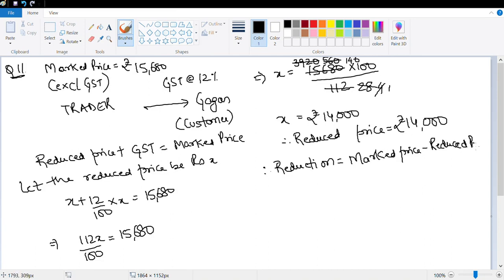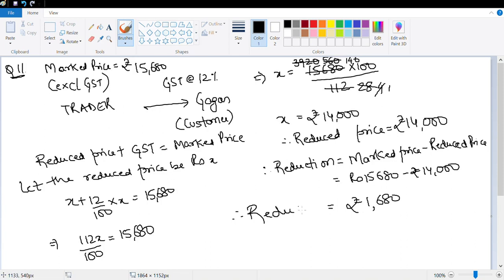He's reducing the price by 15,680 minus rupees 14,000, which is equal to rupees 1,680. Therefore, the reduction is rupees 1,680.